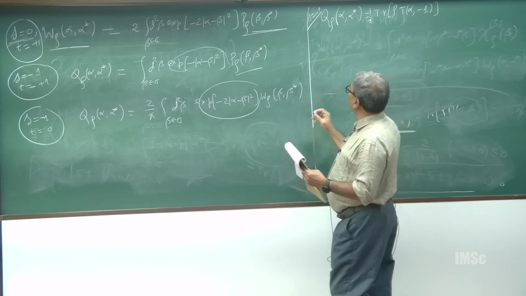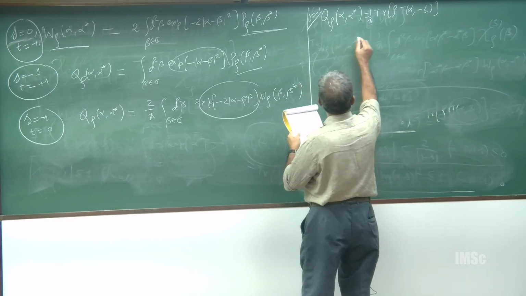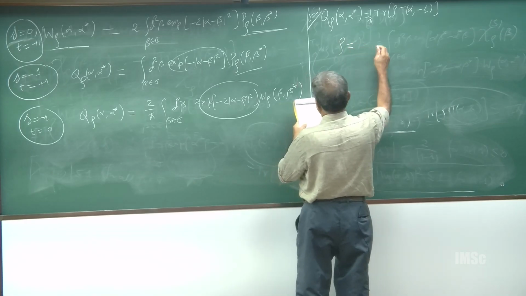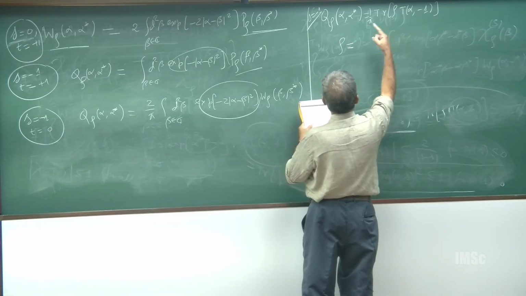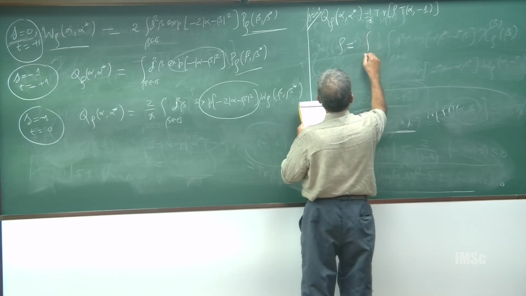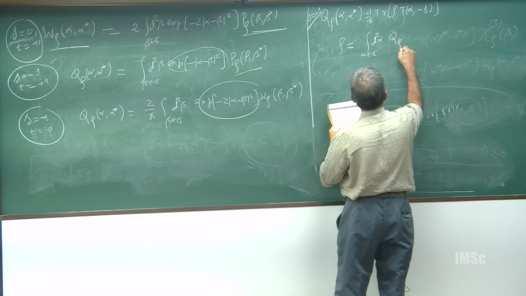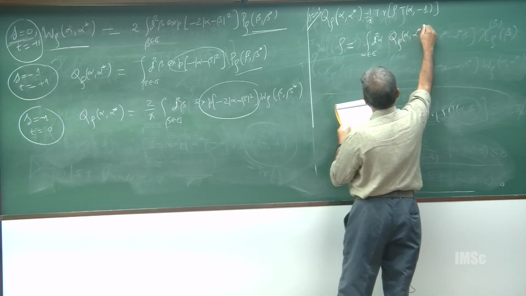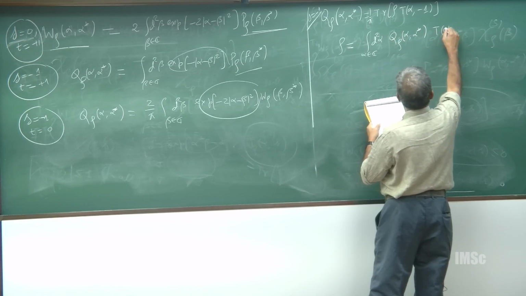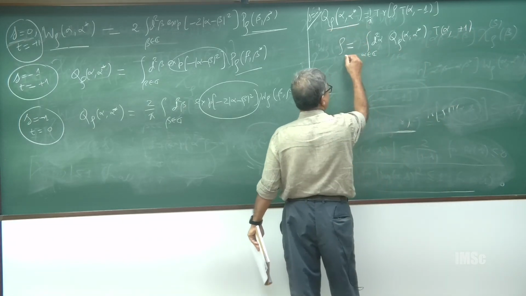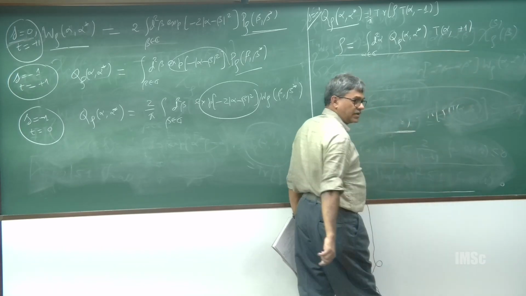Anyway, then you can also write this rho as a kind of inverse transformation: integral over alpha belonging to C, d square alpha Q rho alpha alpha star, then P of alpha plus 1. So in terms of the Q function you can express your density matrix like this.